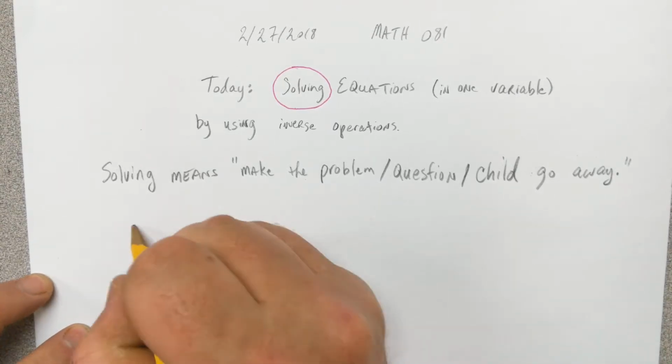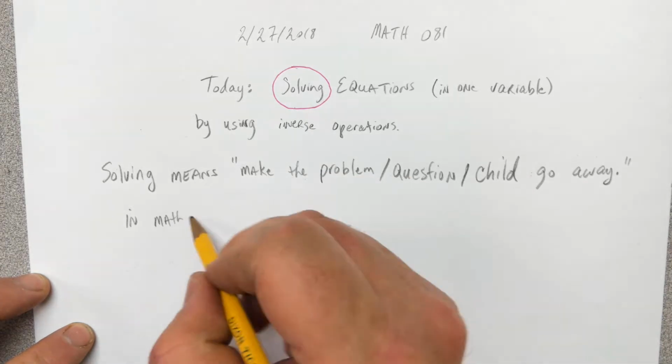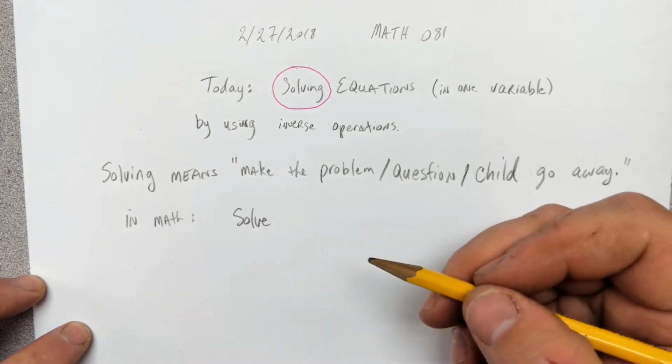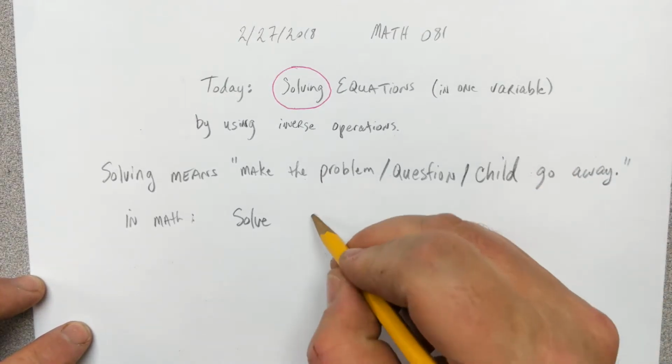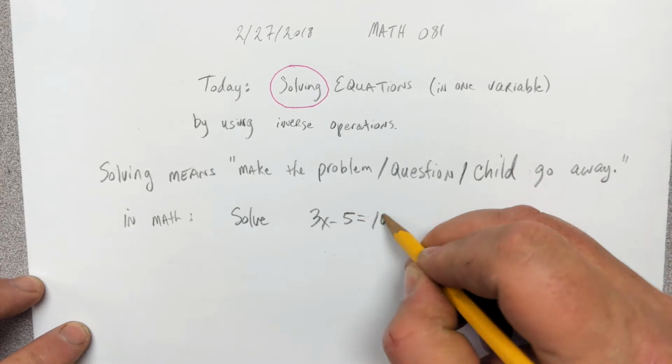So in math, let's say we had something that said solve. What's your favorite equation, Jacobo? 3x minus 5 equals 10. Oh, that's a good one.